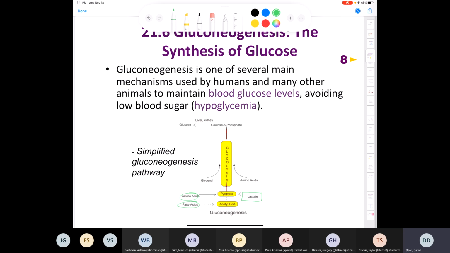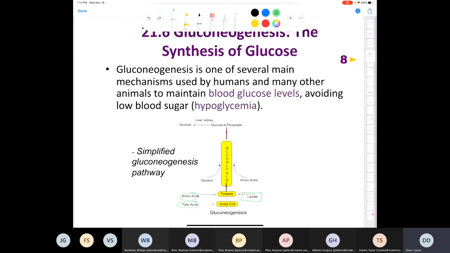We can convert that lactate into what? Pyruvate. And then we can put that pyruvate into glycolysis backwards, right? We're kind of doing the reverse of glycolysis here. And again, I told you it's not exactly the reverse, but it's close. You make G6P, you cleave off the phosphate, and you end up with glucose.